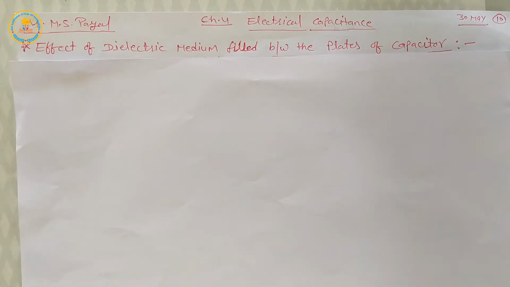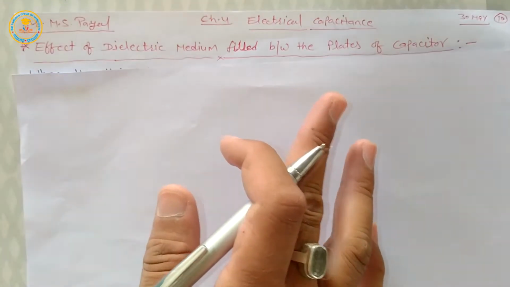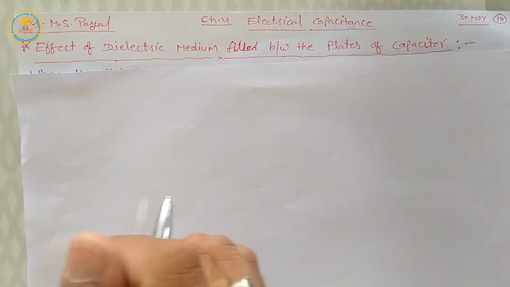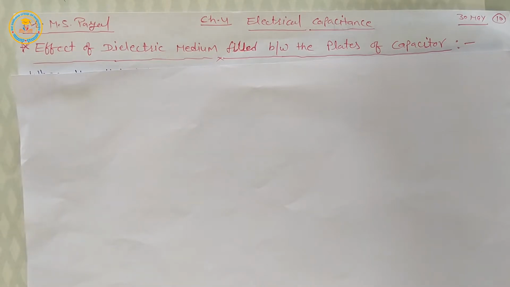So our first topic: effect of a dielectric medium filled between the plates of a capacitor. It means if we fill a dielectric medium between the plates, then what is the change in the capacitance of the capacitor?